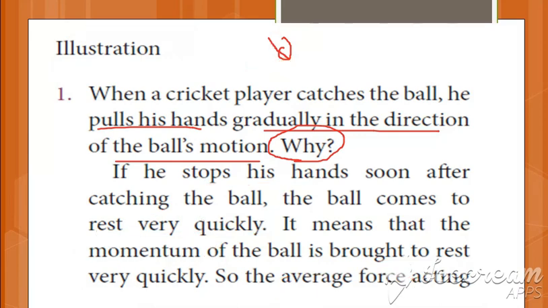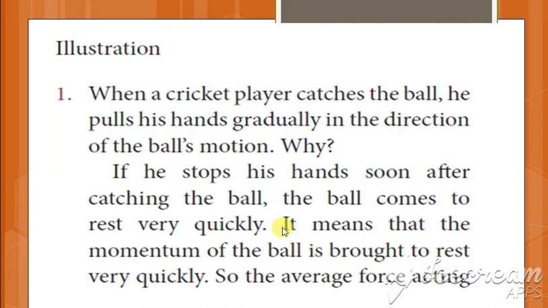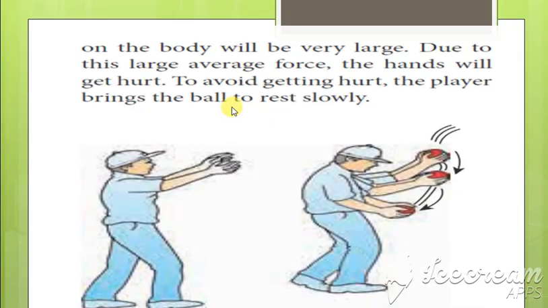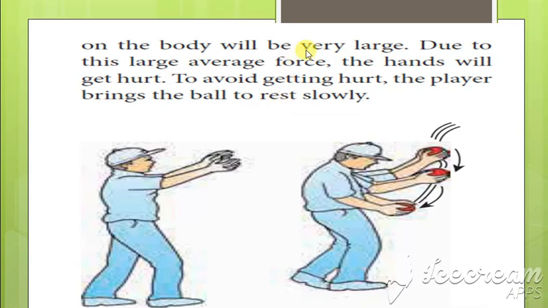When the force is very large, it hurts the hand. The hand will get hurt. So that is why, while catching, the hand is taken along the motion of the ball. When it is taken like that, the hand will not be hurt.